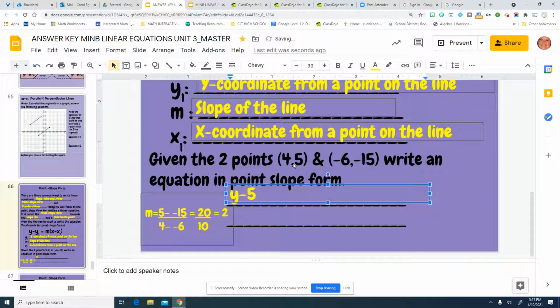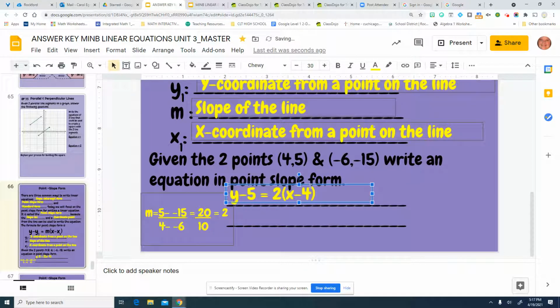So y minus 5 equals m, we just determined our m is 2, parenthesis, and then x minus the x value, and the x value here is 4. Of course, I keep capitalizing y, and I'm going to make it a smaller y.